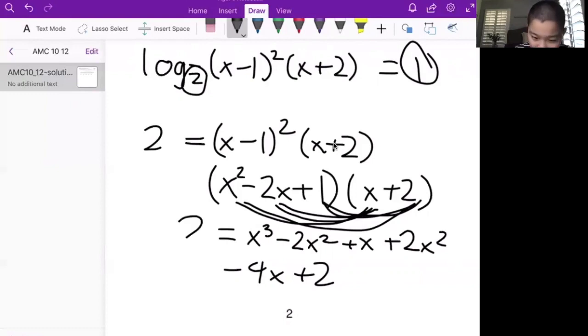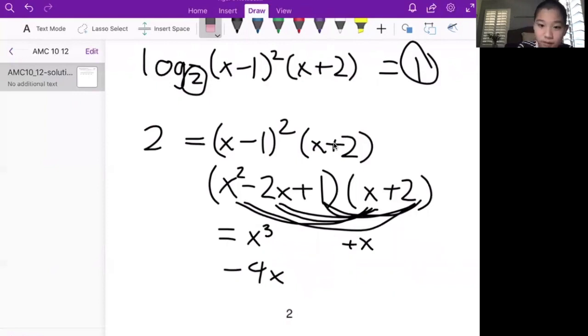So we know that 2 is equal to that. So there's a cancellation with this 2 and that 2, and then there's another cancellation with this negative 2x squared and the 2x squared. So this becomes 0.